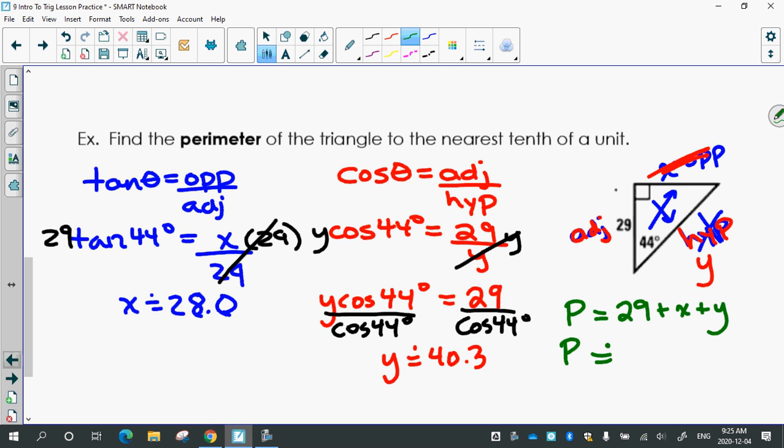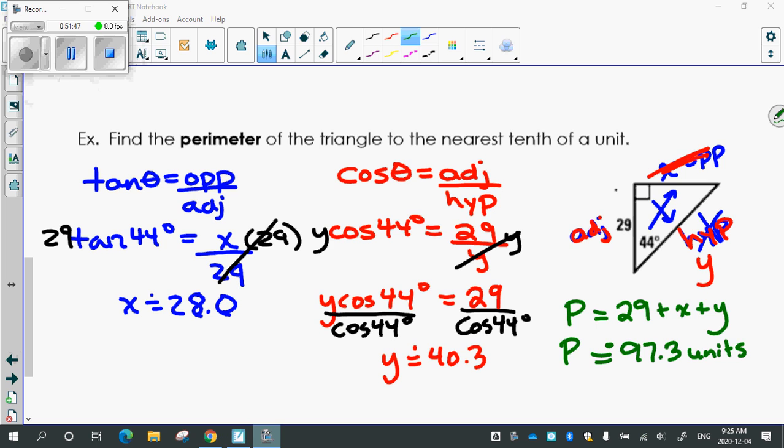So perimeter is approximately 97.3. And if it's a perimeter question, I would probably write units, since there isn't any like centimeters or anything. Okay. So it's exactly 29 plus x plus y, but because x and y are rounded, it's approximately 97.3 units. Make sense? A little bit?